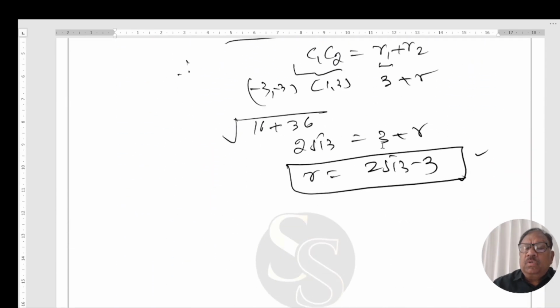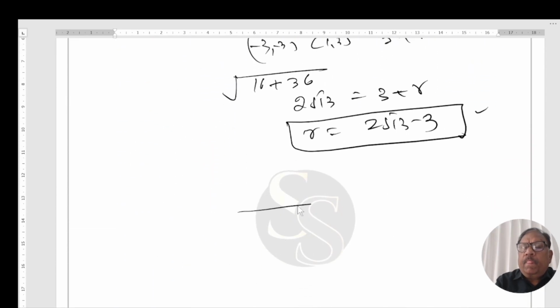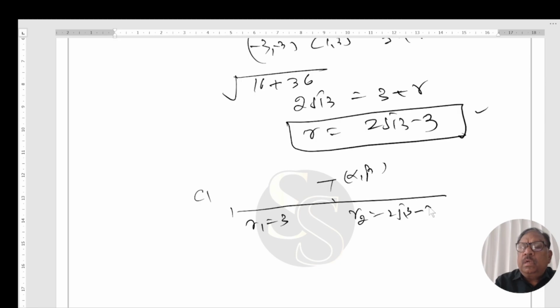Now everything is known: R1 is known, R2 is known. C1 (-3, -3), point T (alpha, beta), R1 is 3, R2 is 2√13 minus 3, C2 is (1, 3). Now it is simple calculation.